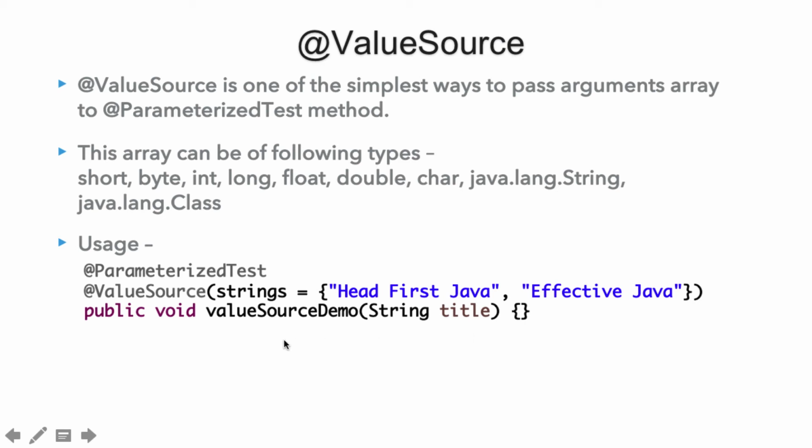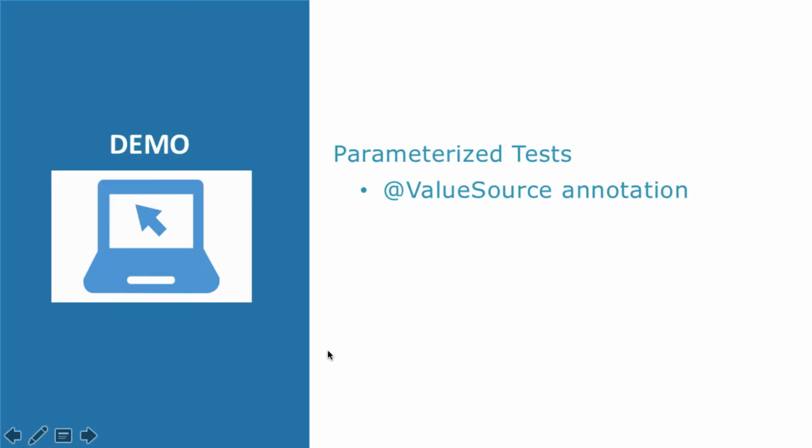So in that way we can provide different value sources to our test methods. So friends, using @ValueSource, we can provide different arguments in the form of an array to our test method. So friends, now let's go to Eclipse and see the demonstration of the @ValueSource annotation.